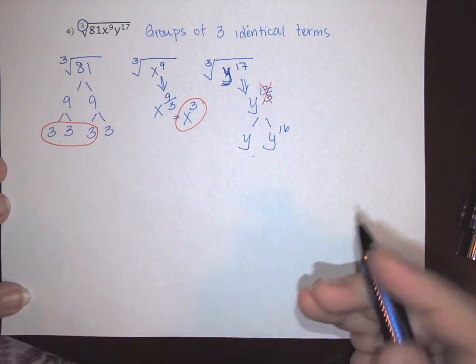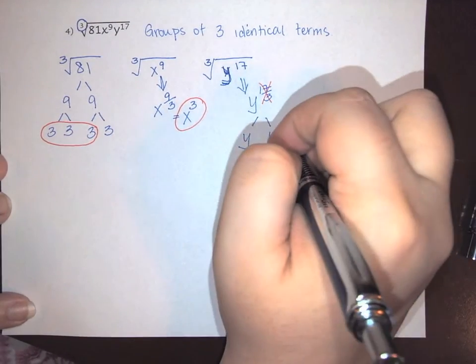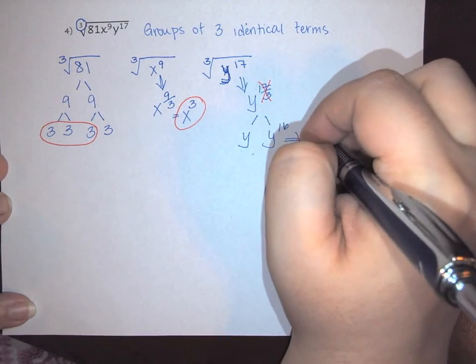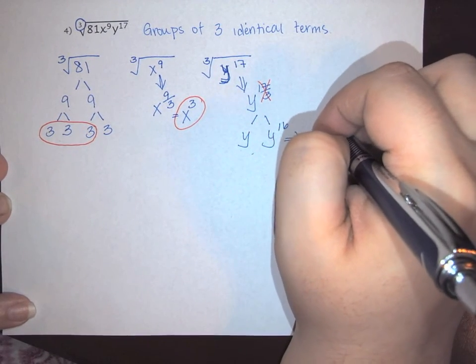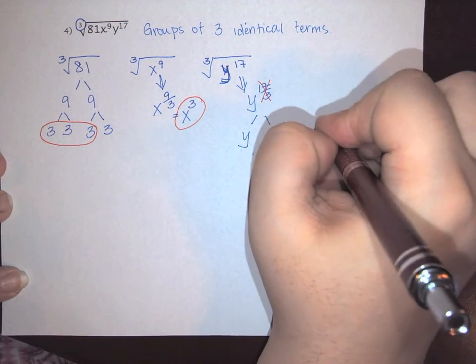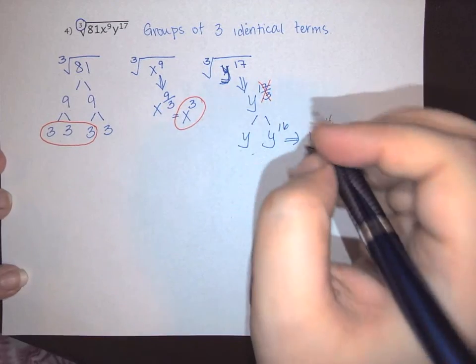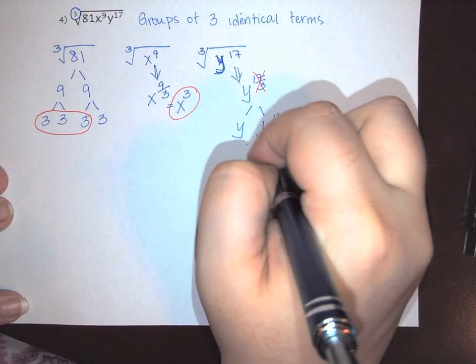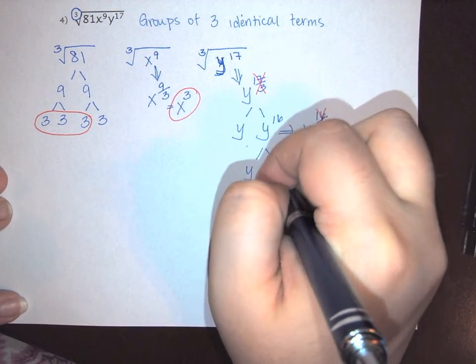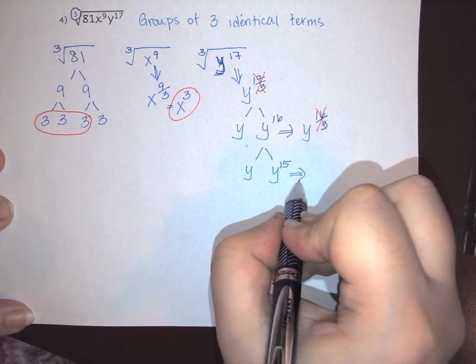Okay. So again, my y, there's nothing I can do with it, but y to the 16th I need to look at. So this is going to give me y to the 16 over 3. And once again, when we look at that, it does not break evenly. This doesn't work. Since it doesn't work, it means we need to break it down further. So my 16 is going to become y and y to the 15th. Again, we need to look at y to the 15th.